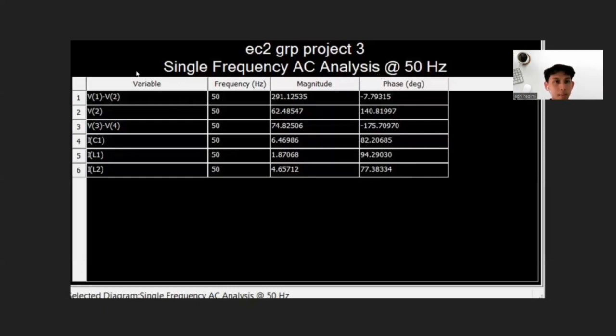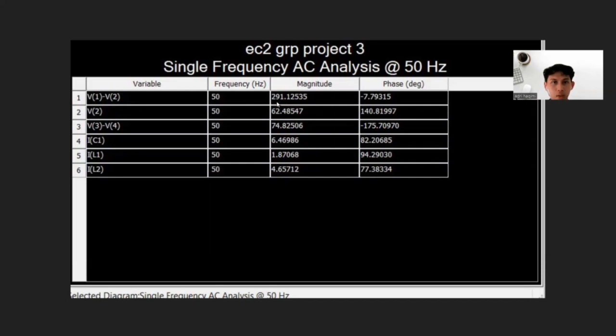The variables are the voltage and current of the capacitor, inductor, and load, and the frequency we use is 50 hertz because it was given in the project. This is the magnitude for every parameter, and the phase. Firstly, we start with the voltage of the capacitor.